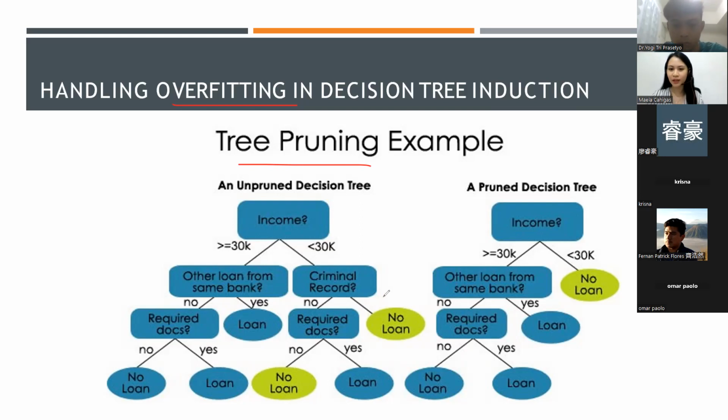So for example, when it comes to pruning, instead of branching out into different kinds of nodes here, where we still have one node, two nodes, and other leaf nodes, we can just cut off all these trees.